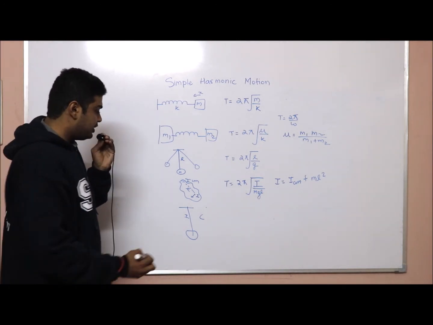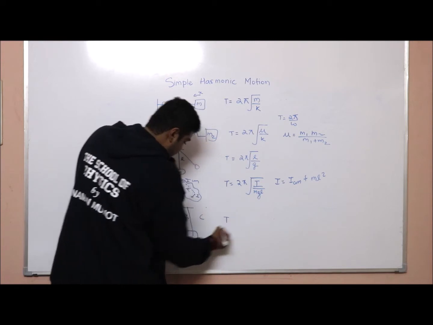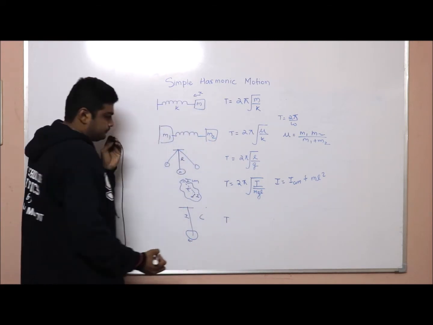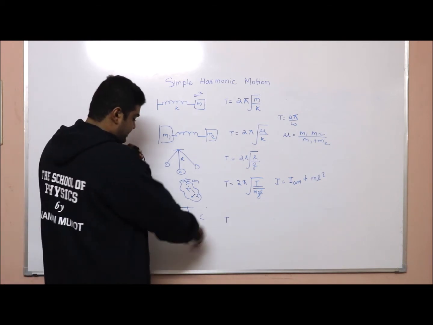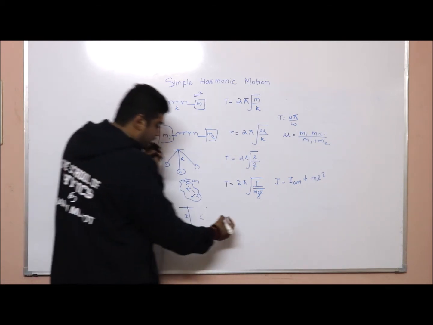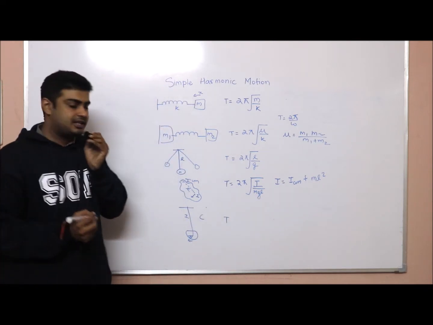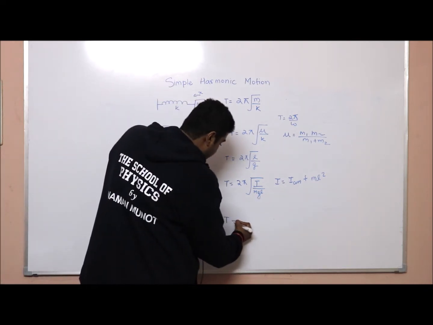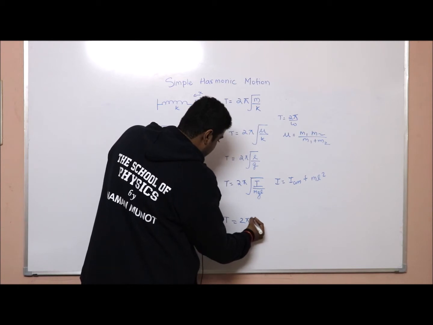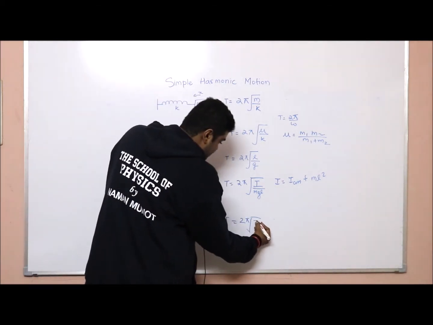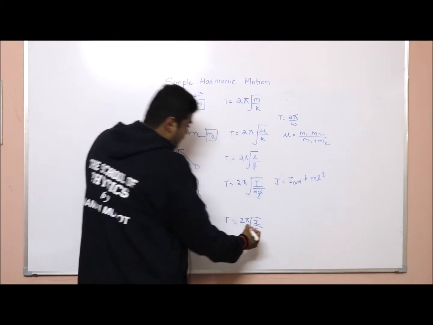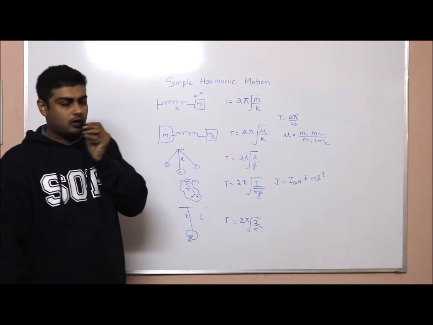Now if we rotate it by some angle theta, it will do SHM. The time period of this SHM will be equal to 2π under root of I about the center of the disc upon C, where C is the torsional constant.